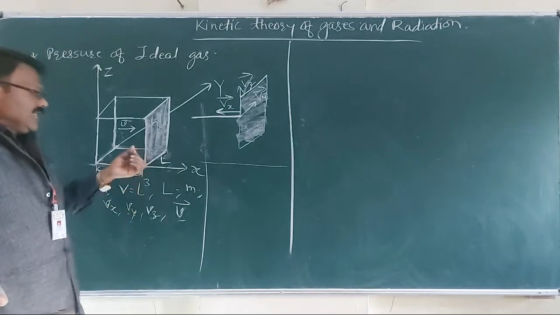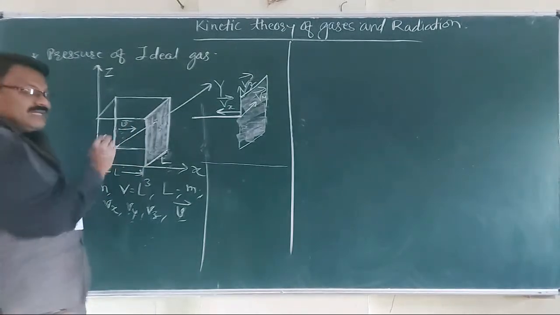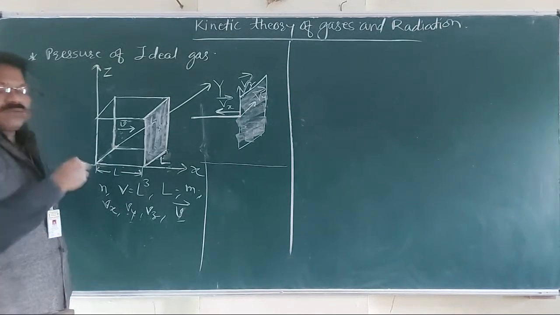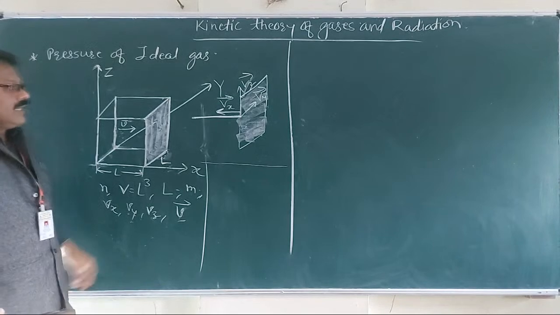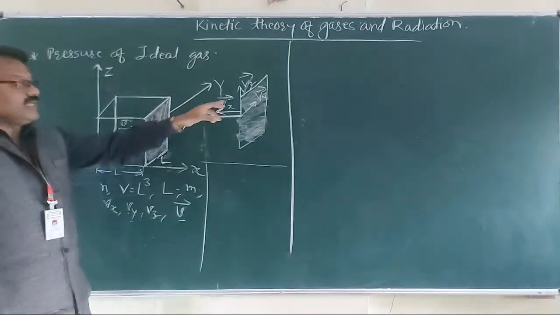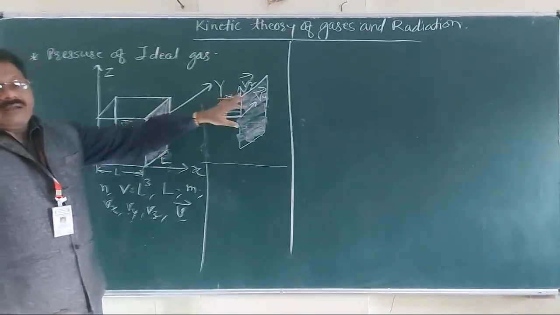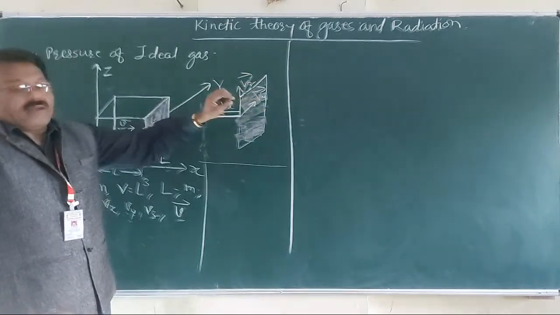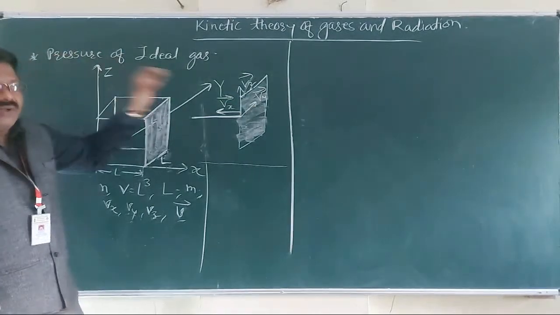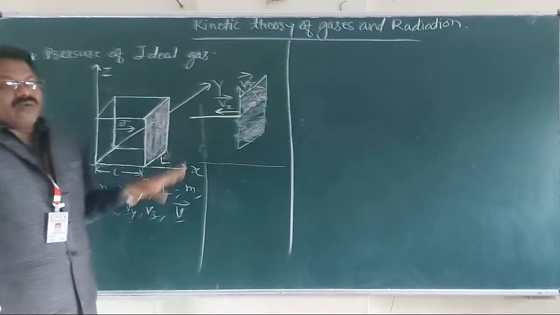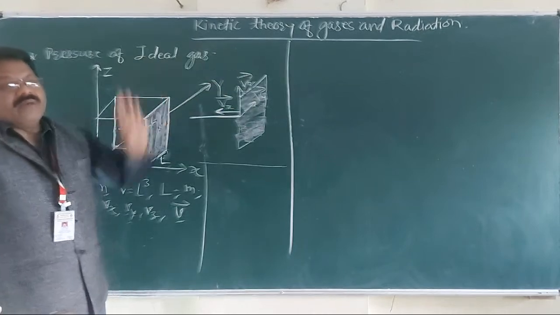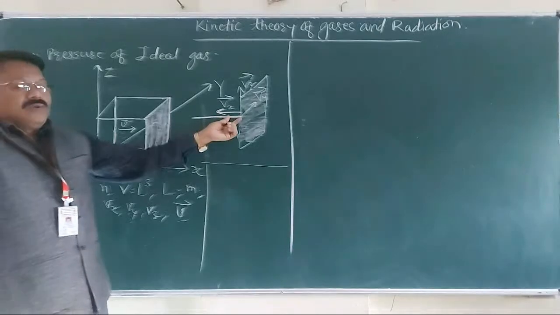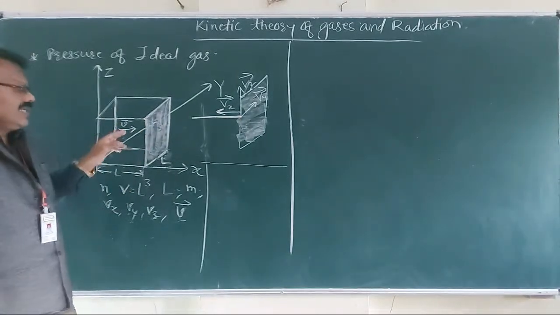Generally we consider this as a single molecule, but in the case of all molecules also, vz and vy are not altered. It means the average of the components along the y axis and along the z axis of the velocity are not altered. Only there is a change along the x axis.